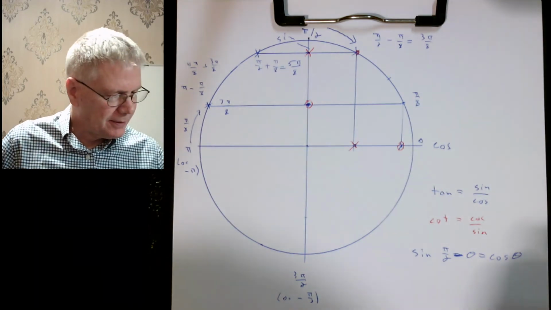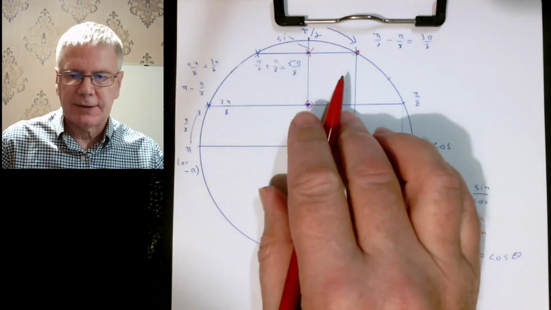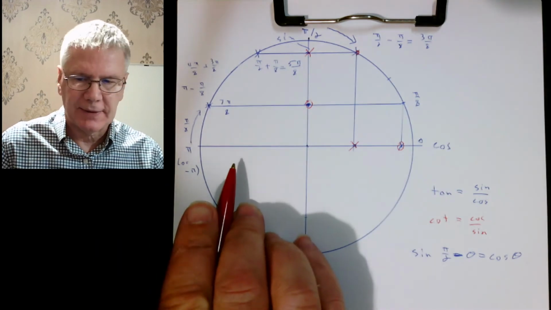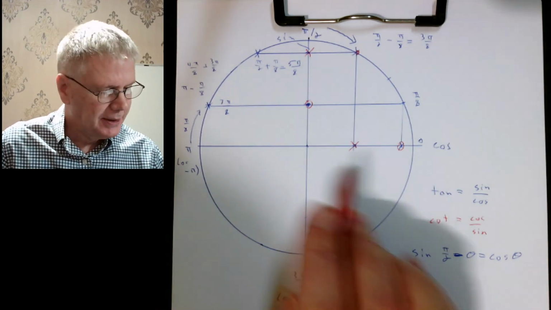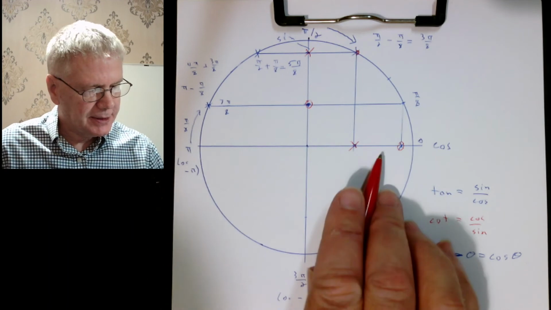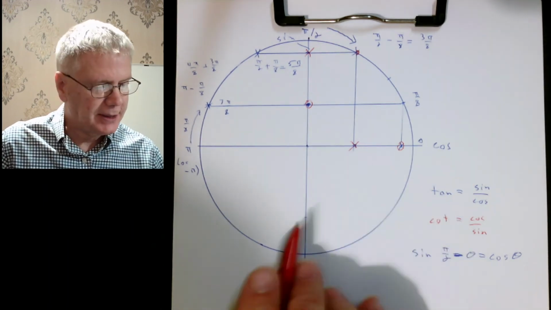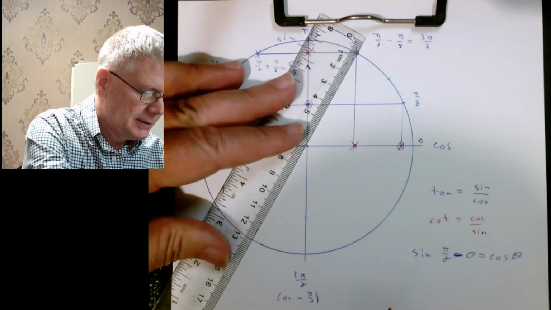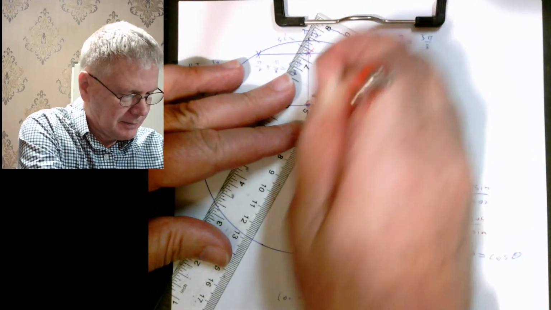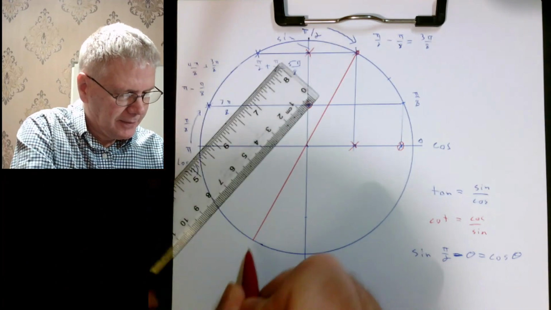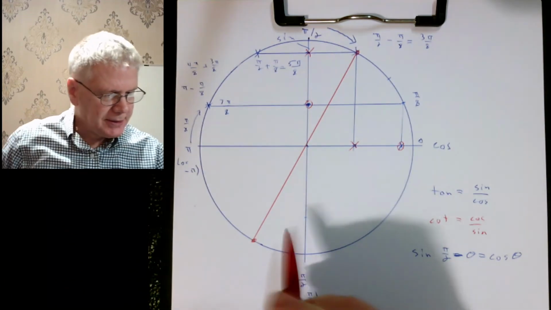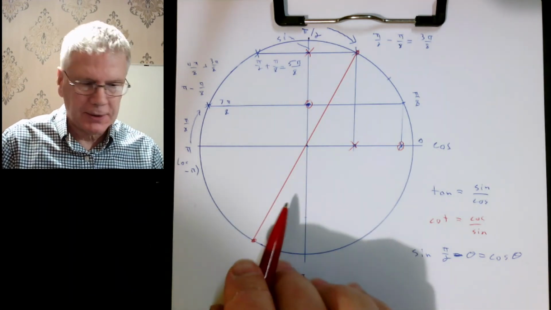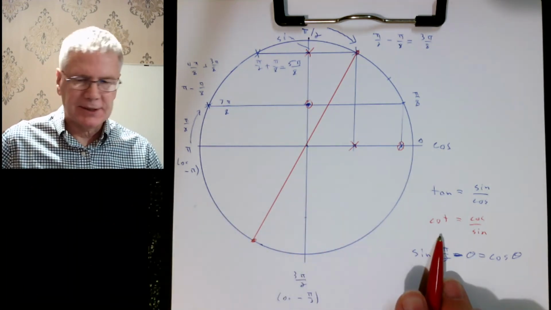Yes, 3 pi over 8. I'm also going to have a second choice this time. I can't go over here because my cosine is negative and I'll have a negative cotangent. And I can't come over here because we have a positive cosine and a negative sine. But if I go straight across, over here, this is the same value of cotangent: cosine and sine are both negative, so when you divide them you get a positive cotangent.